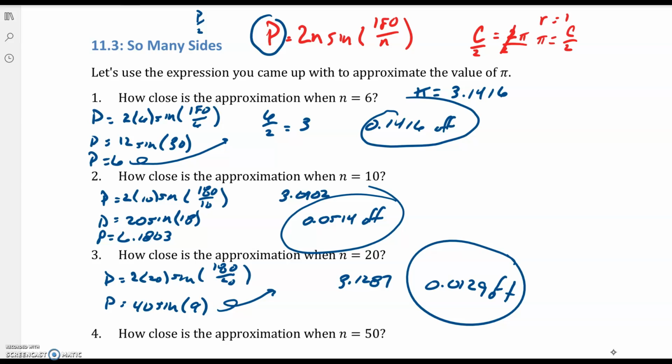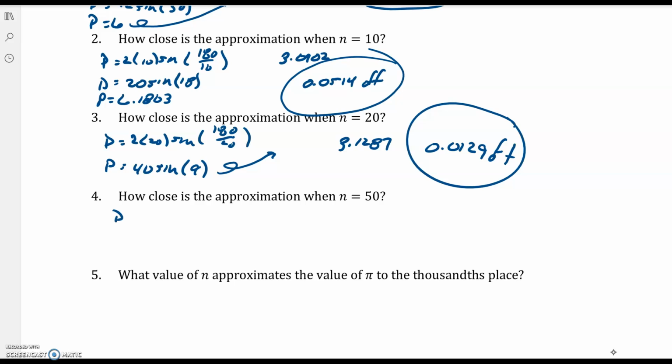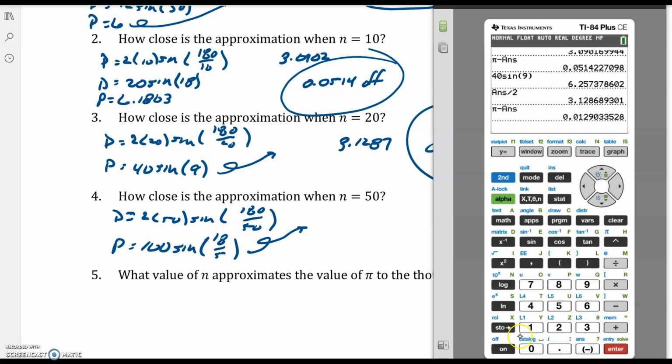What happens when the number of sides is 50? So my perimeter is going to be 2 times the 50 times the sine of 180 divided by 50. That's 100 times the sine of 18/5. Back to my calculator. 100 sine 18/5.